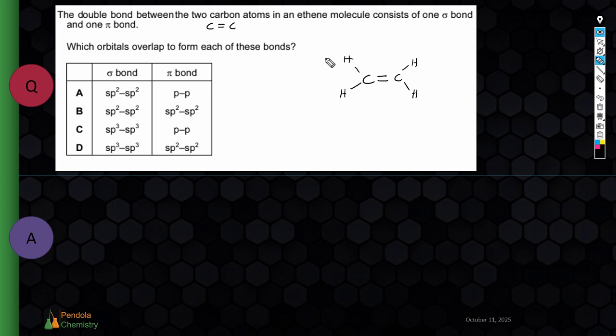So they're nice enough to tell us that this carbon-carbon double bond is going to have one sigma and one pi bond. The question is, which orbitals overlap to form each of these bonds?